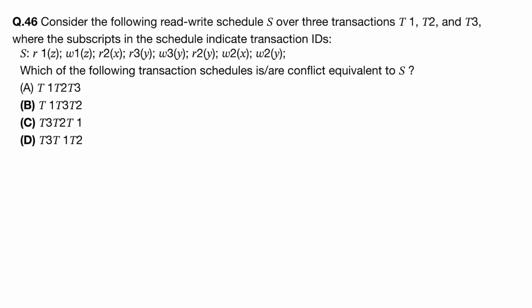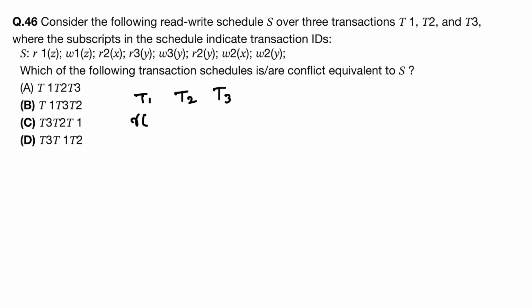See this one. Consider the following read write schedule S over 3 transactions T1, T2 and T3, where the subscripts in the schedule indicate the transaction ID, like this. Okay, this is a simple question. At first, draw the transactions T1, T2 and T3.